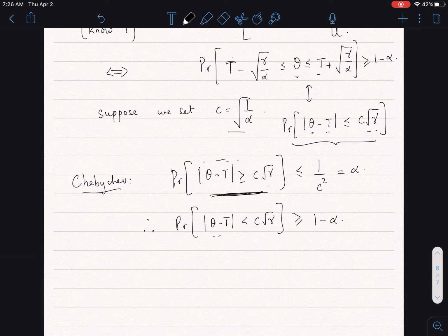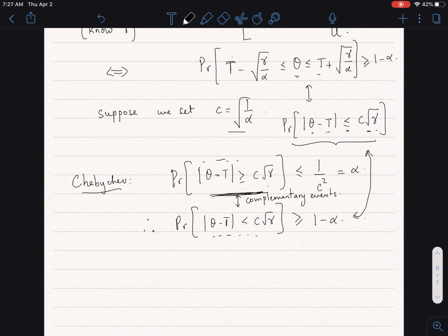Therefore the probability that this is smaller than that must be more than or equal to 0.9, because these two are complementary events. Note that this is exactly what we want, the quantity we are interested in.